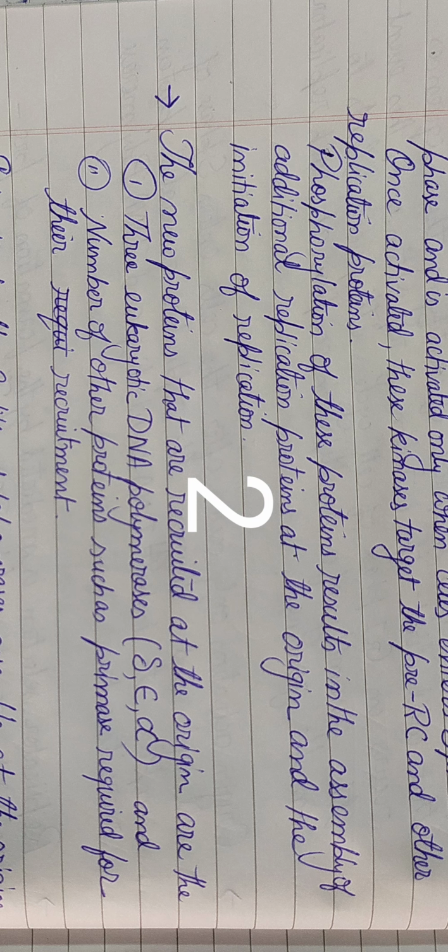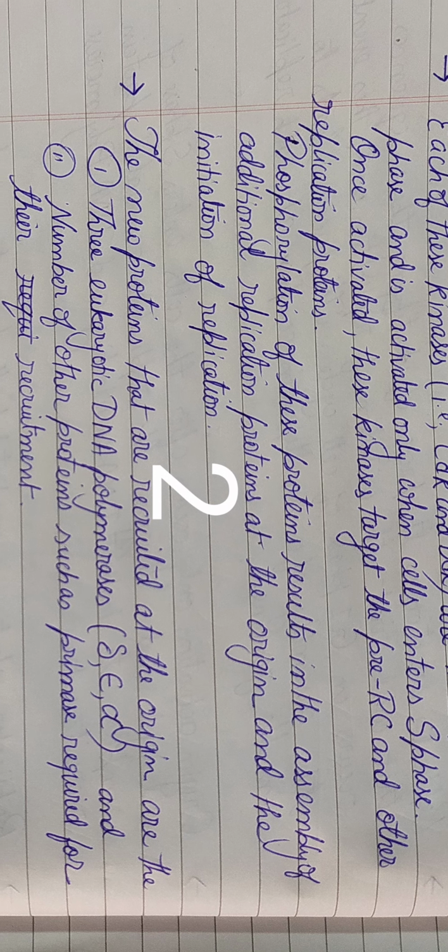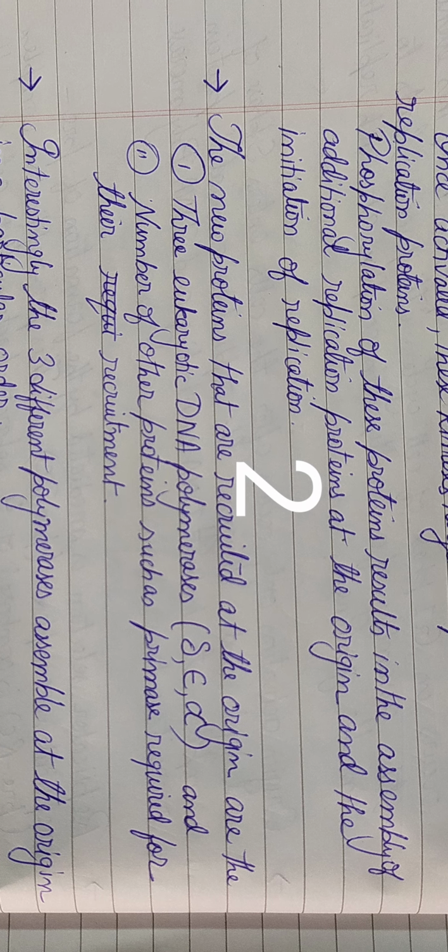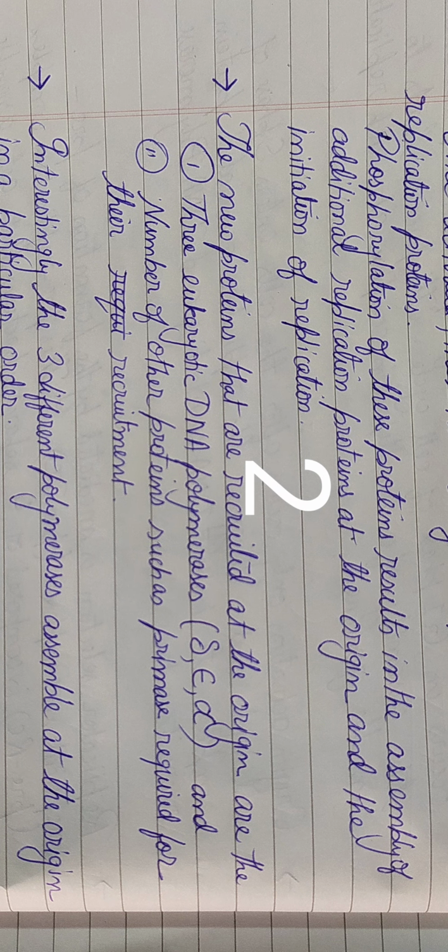So these are some additional proteins. After phosphorylation of the pre-replication complex by the kinase, additional proteins assemble at the origin and initiation of replication begins. And what are those additional proteins that are now getting recruited?